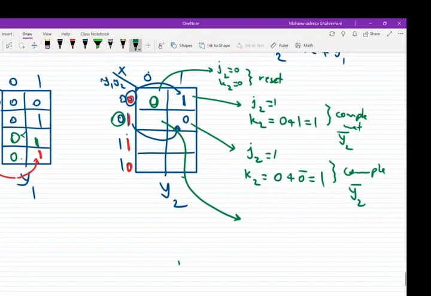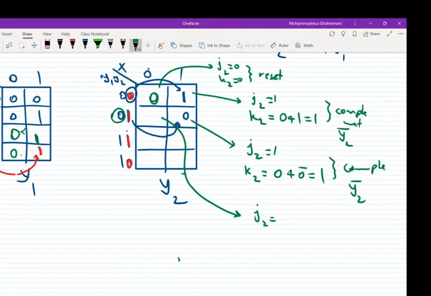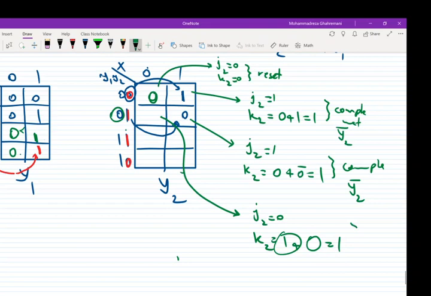So for this cell j2 is 0, k2 is equal to x bar, which is 1 plus, like we don't care what is y1 bar because one of the inputs is 1, so k2 definitely is 1. So j2 is 0, k2 is 1, it means reset. So y2 should be equal to 0.